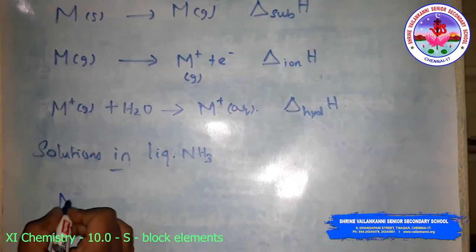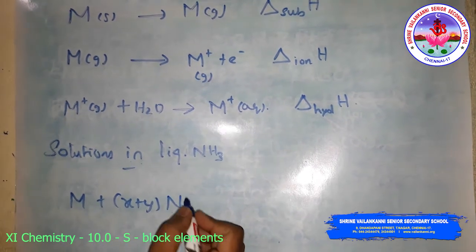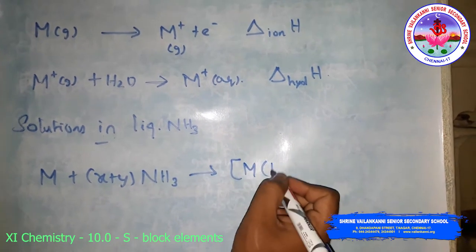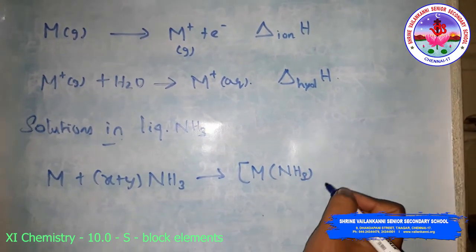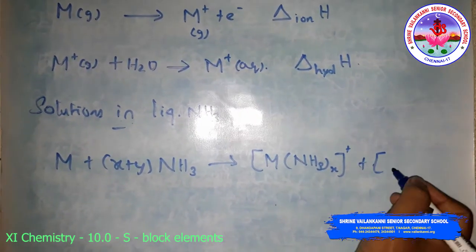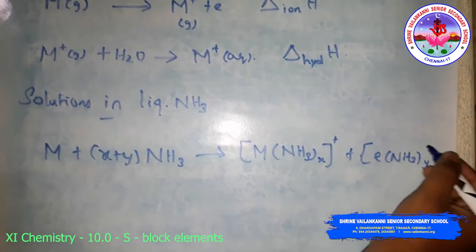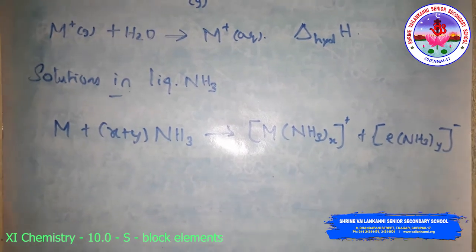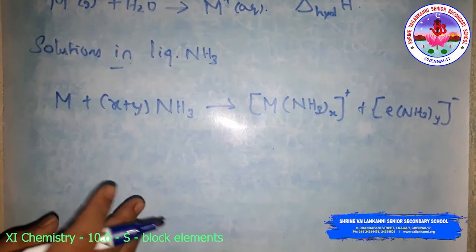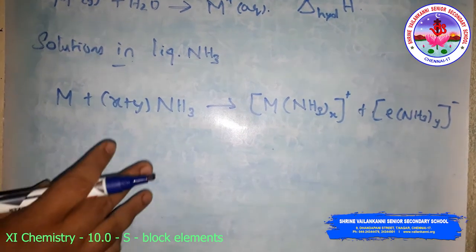Metal reacts with x plus y ammonia and gives a deep blue complex, M(NH3)x plus and e(NH3)y minus. The blue color of the solution is due to the ammoniated electron, which absorbs energy in the visible region of light and thus imparts blue color to the solution.